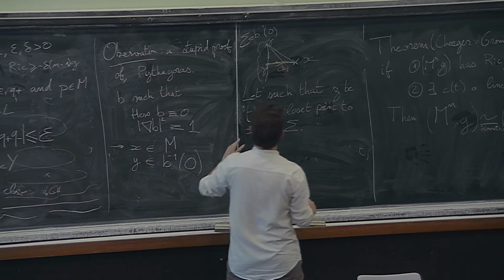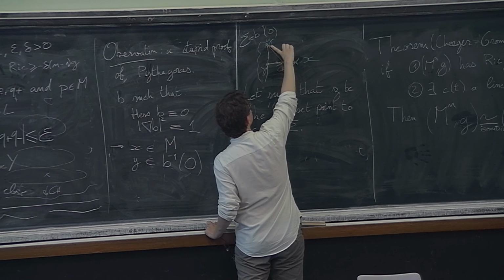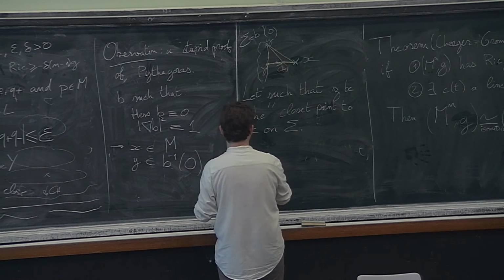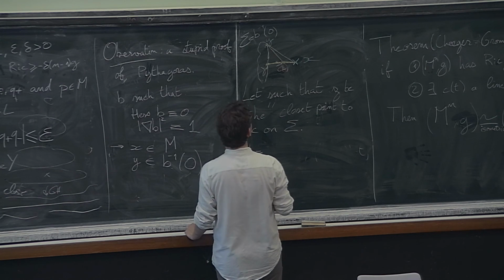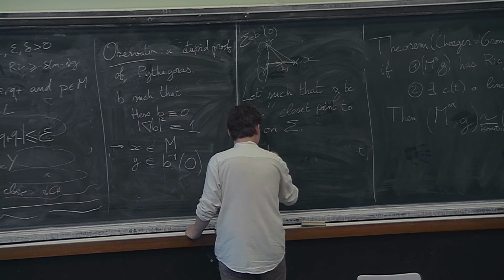So what I want to estimate is this length minus this length. So let's say L is equal to Zx.